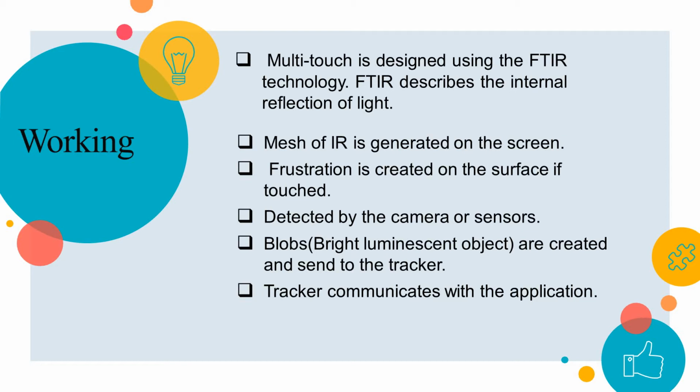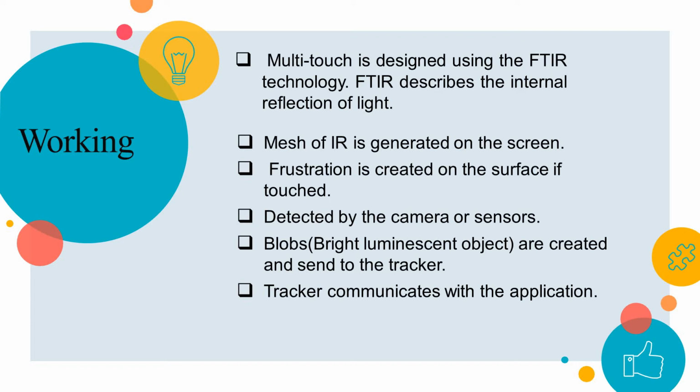And then the new technology that was invented is FTIR, that is Frustrated Total Internal Reflection. In frustrated total internal reflection, if another material touches that within which the light is reflecting, the reflection is frustrated, causing the light to escape. In this, a mesh of infrared is generated on the screen, and the frustration is created on the surface if touched.